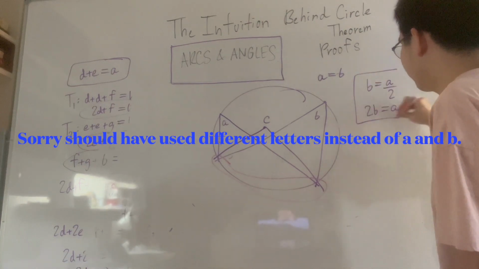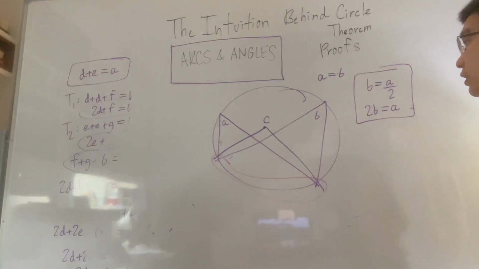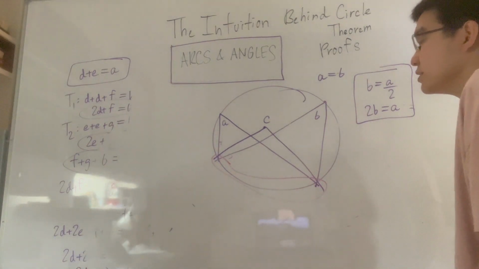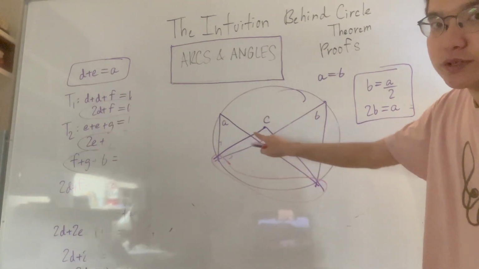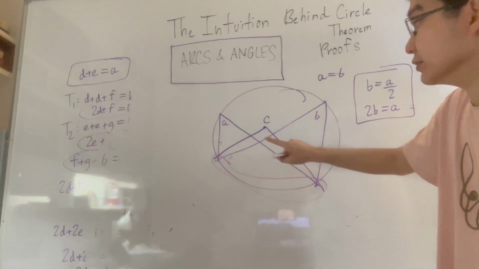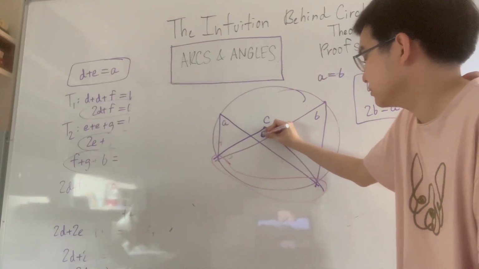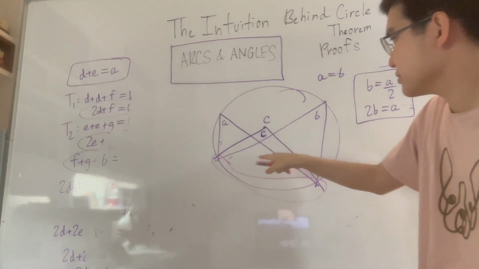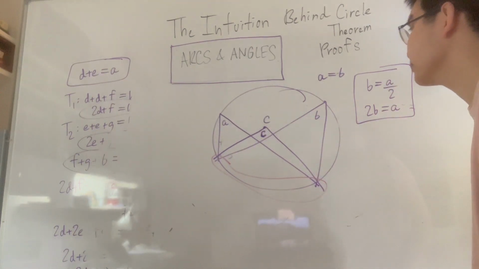Using this aspect of theorem 1, we know that we can always create a new angle here, which is in proportion to the other angles. So I can just call this angle C here. And since it shares the same arc, it must be in proportion with these two other angles as well.